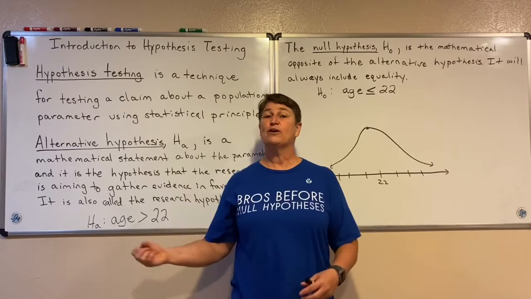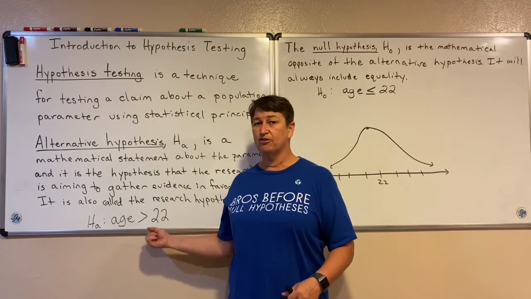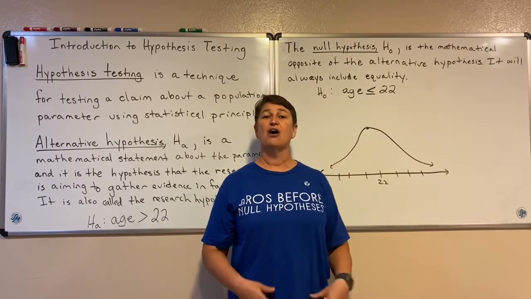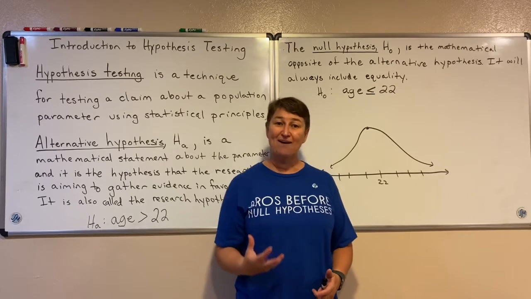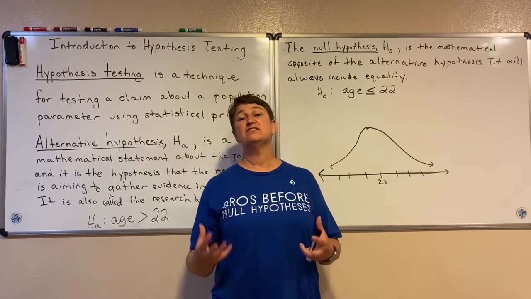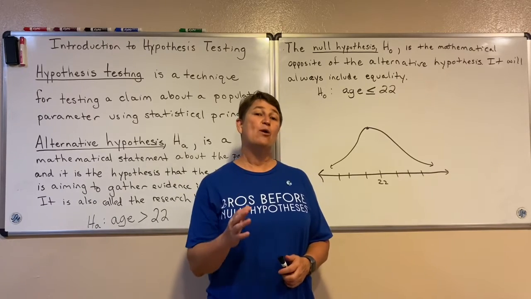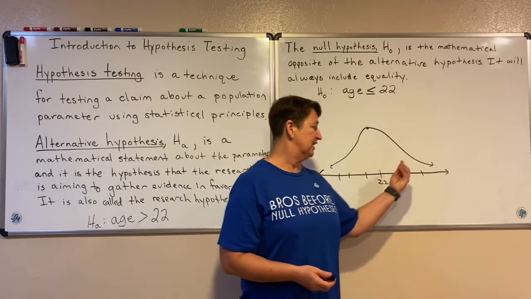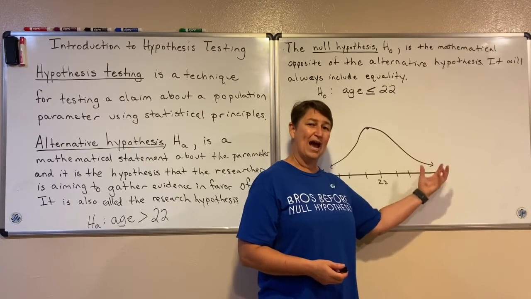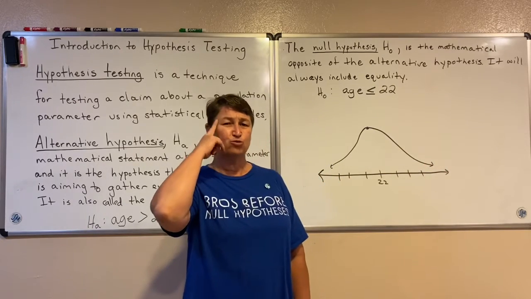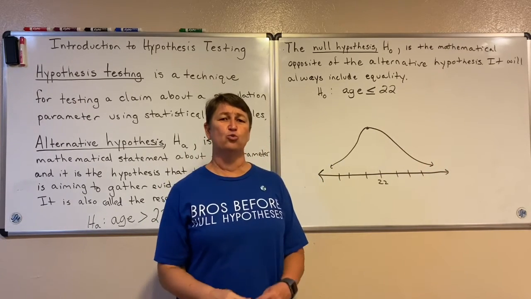So once we have found this alternative hypothesis and this null hypothesis, our next step is to gather evidence to help us see, is our hypothesis true or not? The way we're going to gather evidence is we're going to see, do we get some value way out there where we go, that's weird that I'm getting that value way out there.